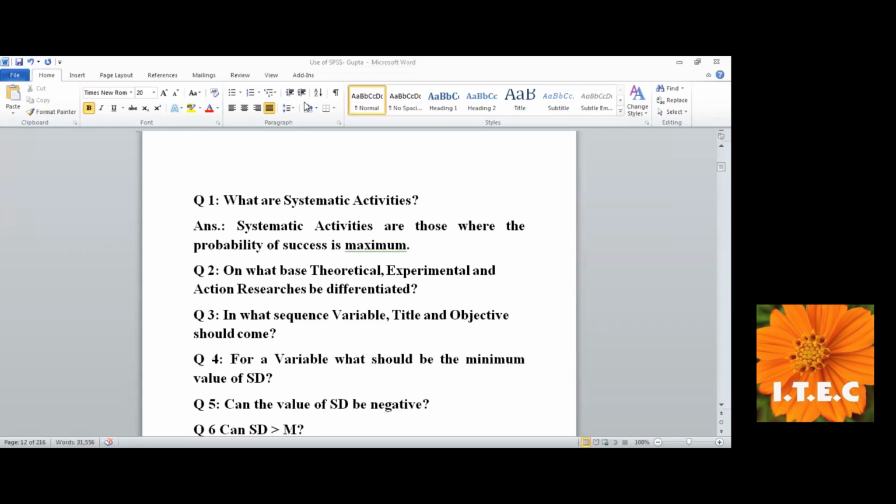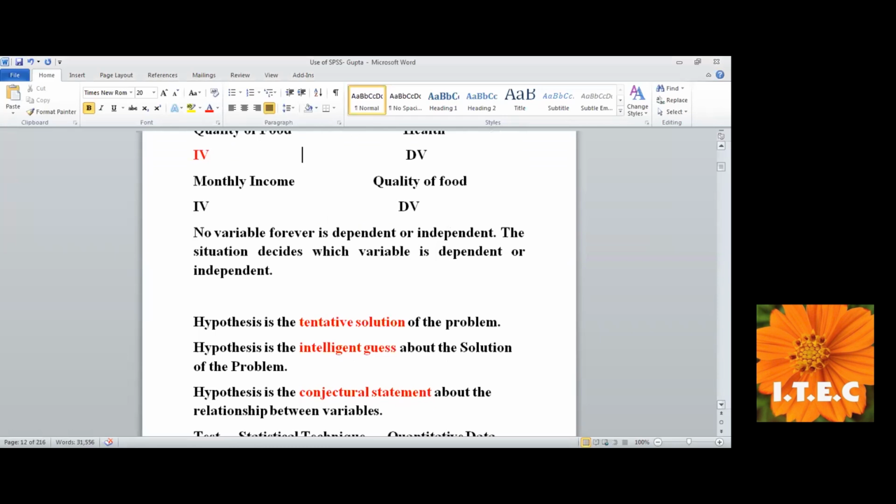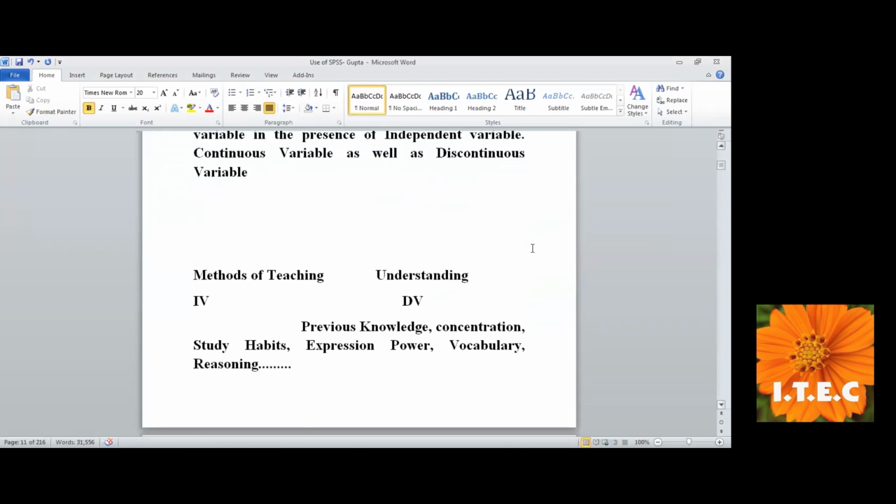It's very, very difficult. You cannot have all variables in one, because dependent and independent are only in experimental research. I have already explained. In the experimental research, I have given you an example. Please see, here I have said this is the independent variable, this is the dependent variable, and these are the intervening variables.